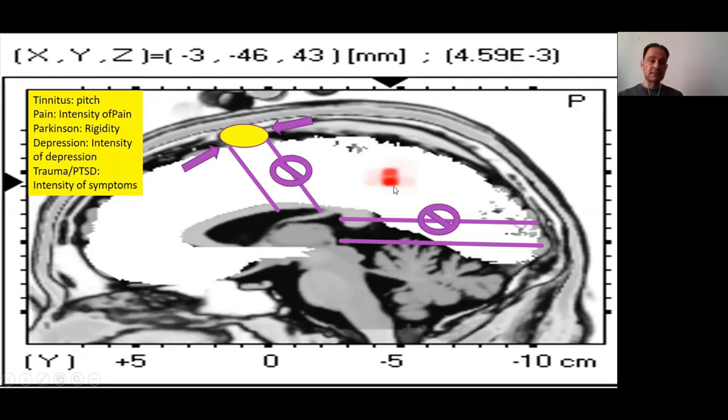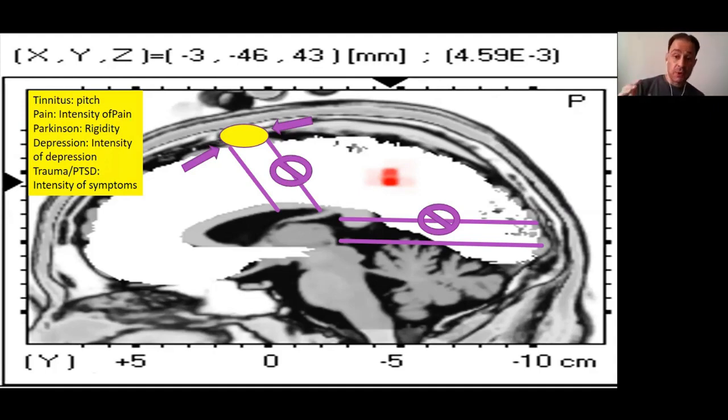Thalamocortical dysrhythmias are partly to blame, partly the culprit in PTSD and the intensity of trauma and PTSD symptoms. That's not to say that all trauma is related or caused by thalamocortical dysrhythmias, but I believe part of trauma clients will present with thalamocortical dysrhythmias. And we won't know that until we look at their brains.